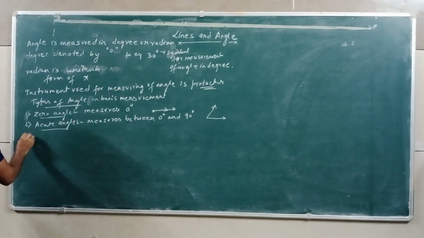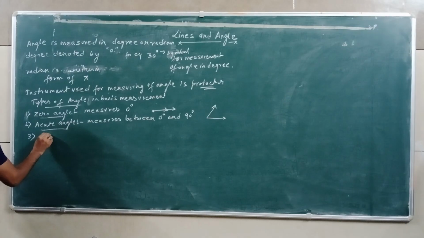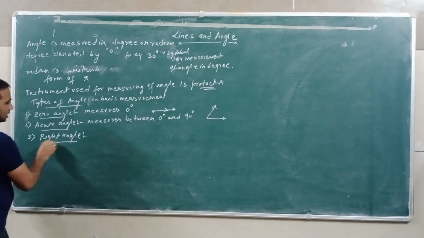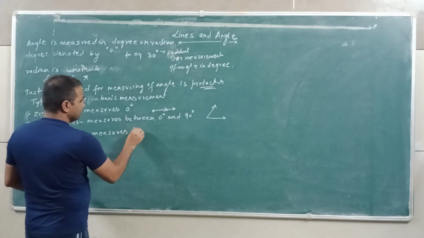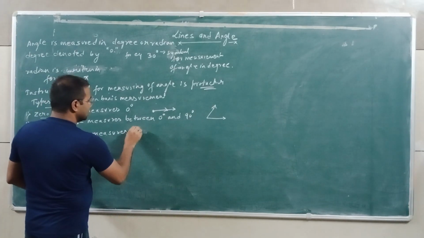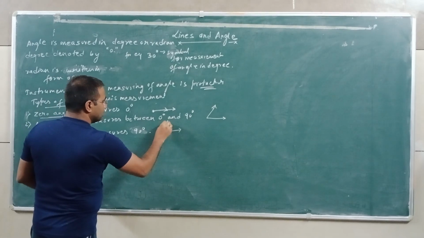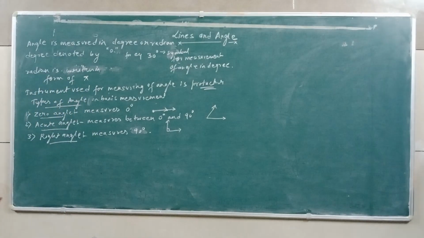Now see, the third one will be right angle. Right angle measures 90 degree, and it is denoted by this symbol. Here you will make it like this. This is the symbol of 90 degree.